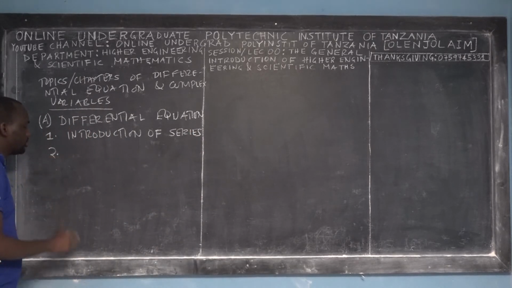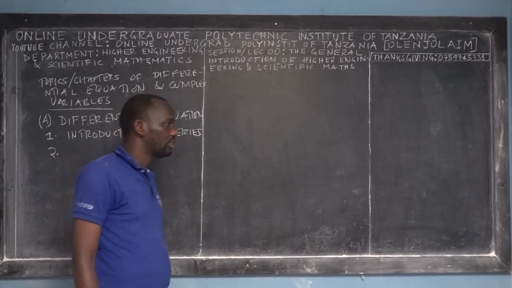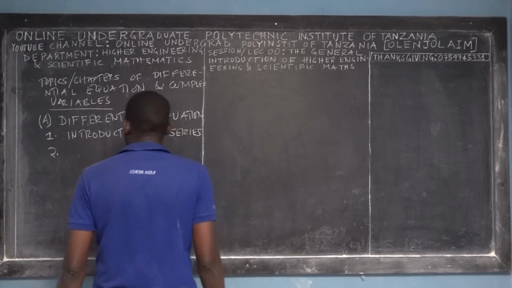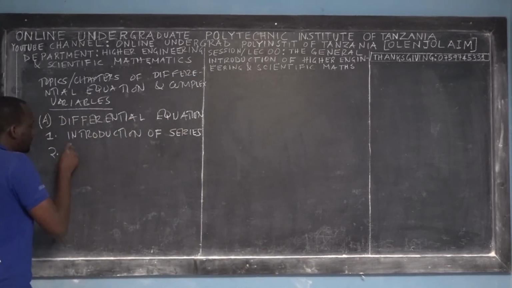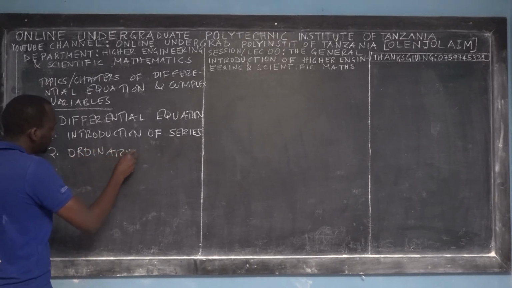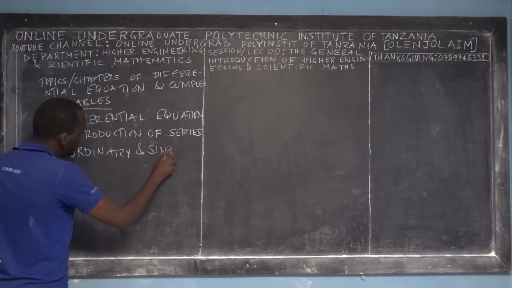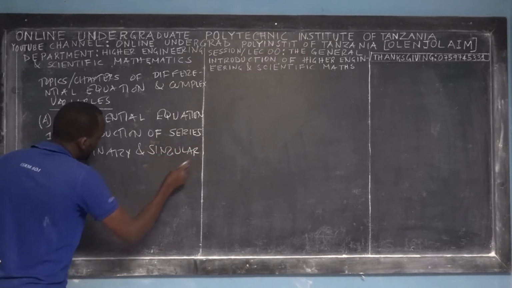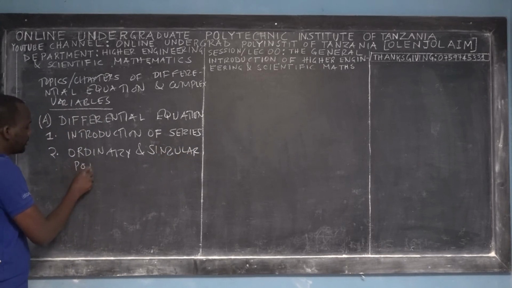And the second chapter is called the ordinary and singular points.